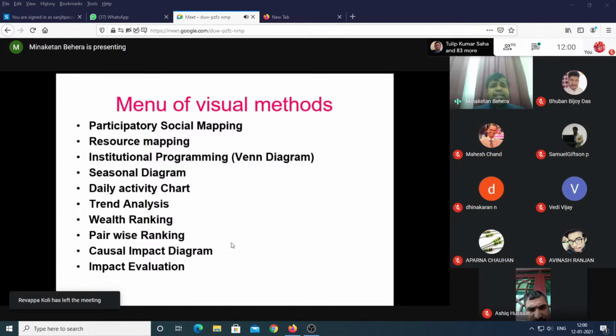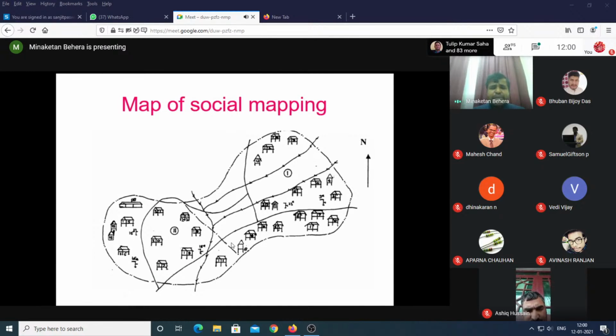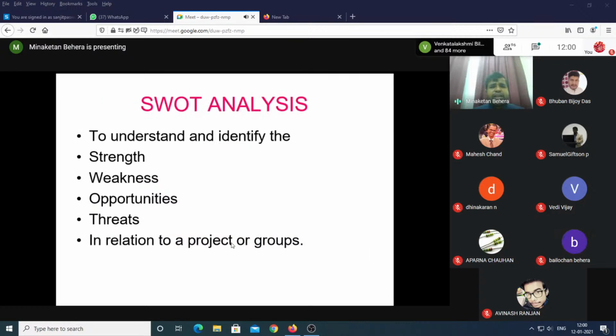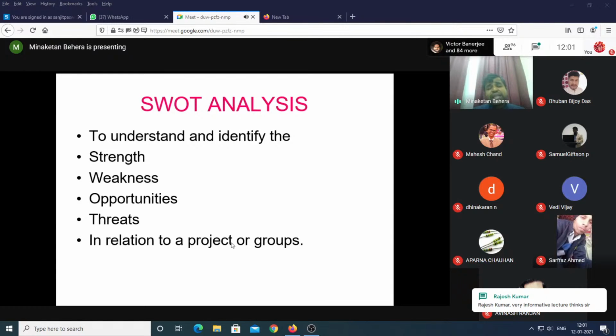Okay, similarly, look at many points: resource mapping, and they will tell, for example, in a calendar which month potato and onion are available. Now this is very essential, that most researchers should at least know about SWOT analysis.